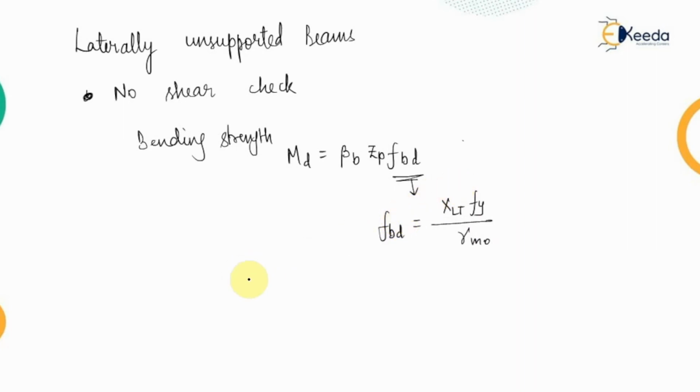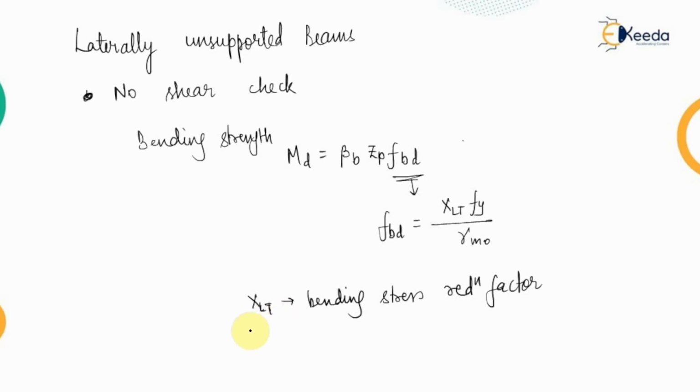Now this XLT is the bending stress reduction factor, which is calculated for the lateral torsional buckling. That's why the symbol LT has been used, that is for lateral torsional buckling.